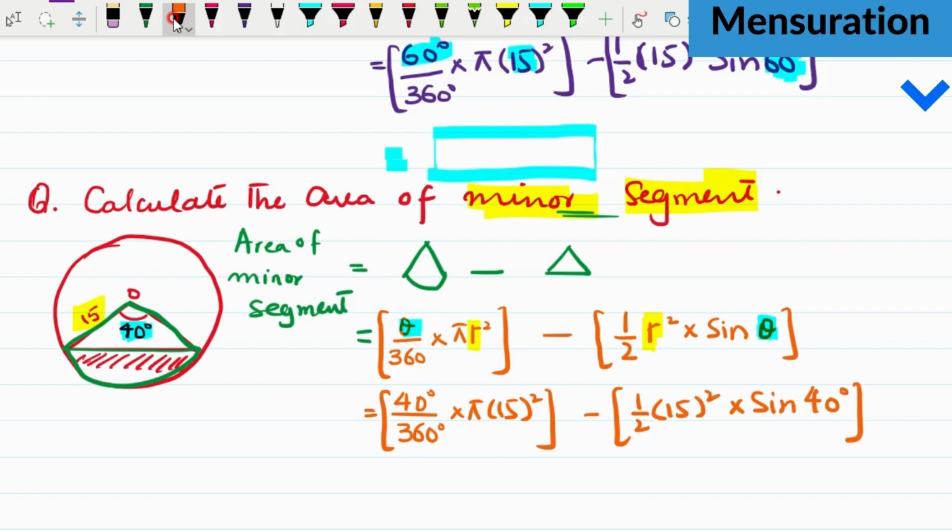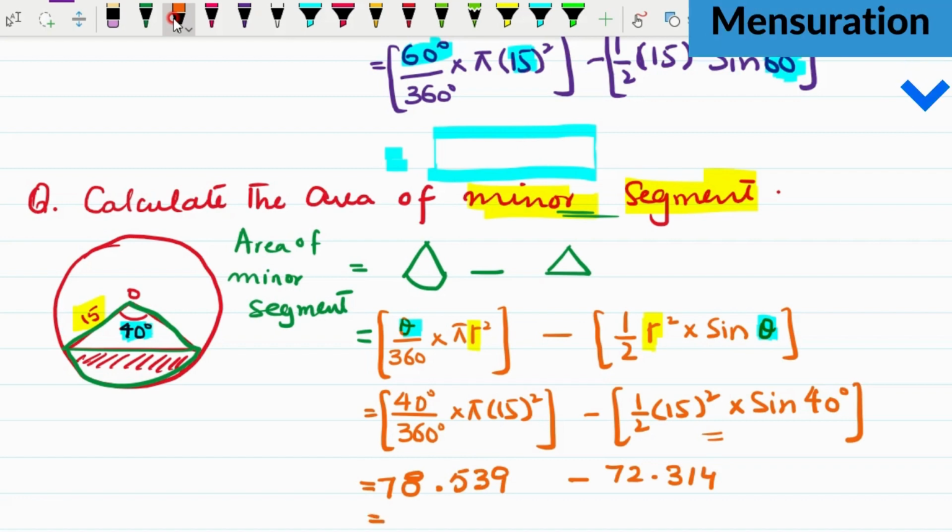Okay, so now let me solve it first. 40 over 360 into pi into 15 square is giving me 78.539, minus half of 15 square into sine 40, and it's giving me 72.314.